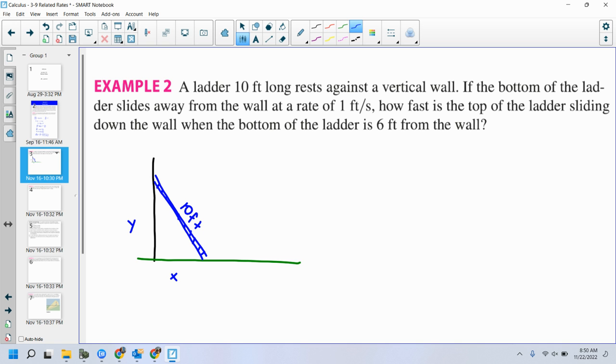Okay, so if I say that this is x and this is y, I know that the rate of change that my ladder is sliding out at, it's going this way, I could write that as dx dt. The rate of change that my ladder's sliding out is dx dt, and I know that's 1 foot per second.